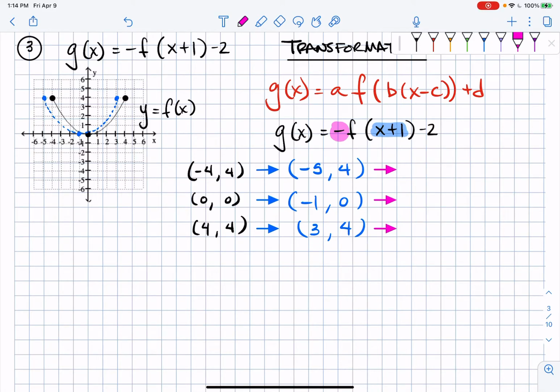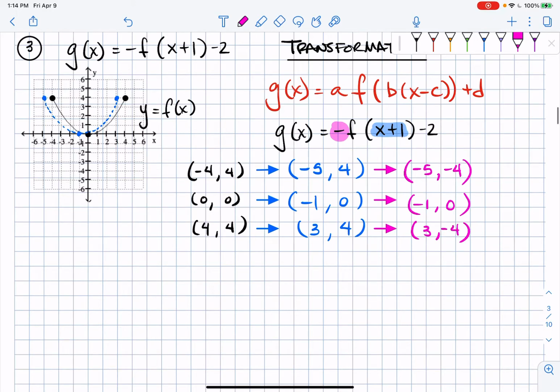In other words, as I write these down, nothing is going to happen with the x value. However, my y value is going to be negated, or flipped signs. So now my 4 is going to become a negative 4. My 0 is going to become negative 0, or just 0. And my 4 is going to be negative 4.